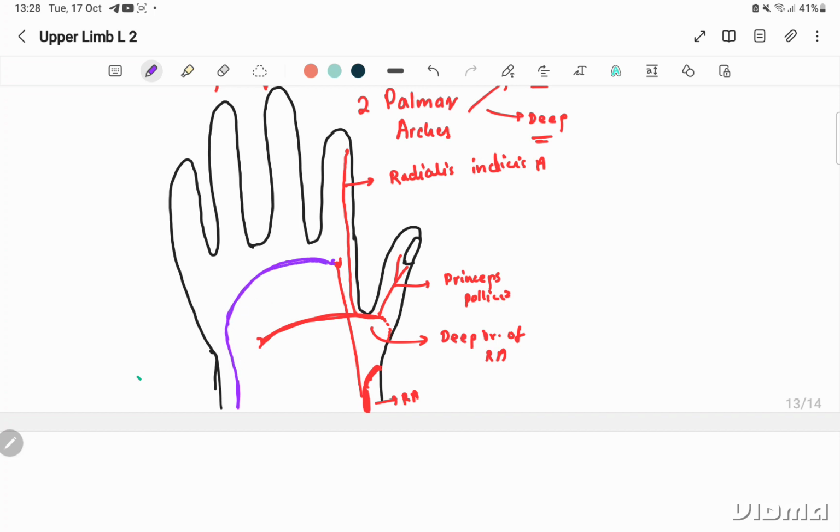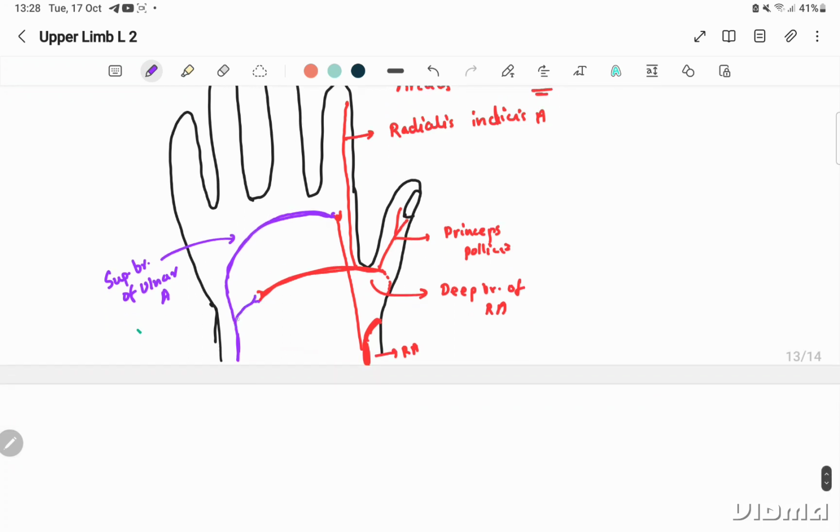This is the superficial branch of ulnar artery, and this is the deep branch of ulnar artery that would complete this arch.